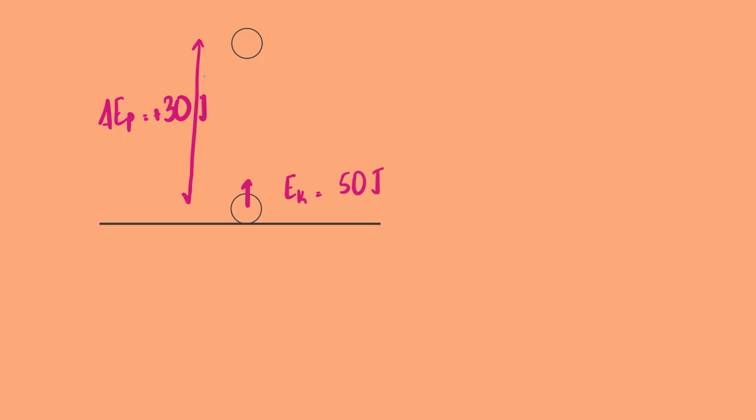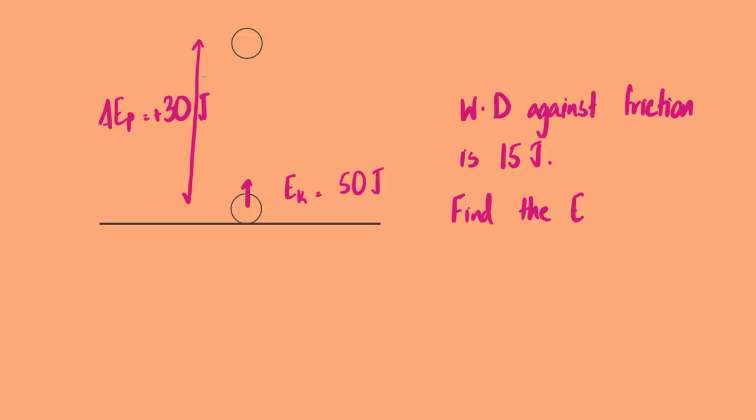Additionally, it also says that in going from here to here, the work done against friction is 15 joules, and you have to find the kinetic energy at this position. Let's call this position 2. Now, how would you do such a question? Here, obviously, the object is not at rest, and that's why you are being asked for the kinetic energy at this point. So how do we do a question like this?